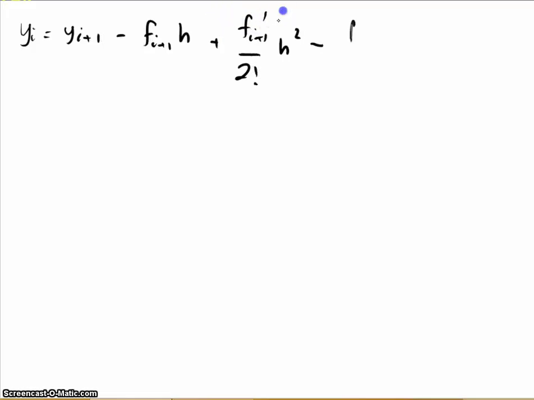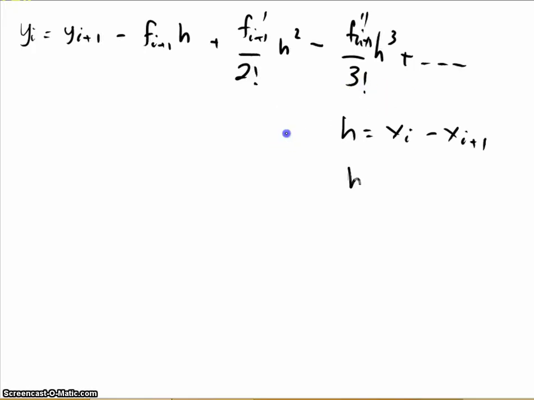So I can write it as y_i = y_{i+1} - f_{i+1} h + f_{i+1}'/2! h² - f_{i+1}'' h³ and so on. The term backward Taylor series means that I'm using Taylor series to expand y_i by taking y_{i+1} as my base point, such that my h is x_i - x_{i+1}, which means my h is less than 0, or has a negative value.